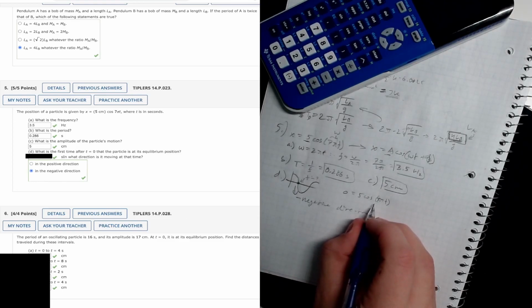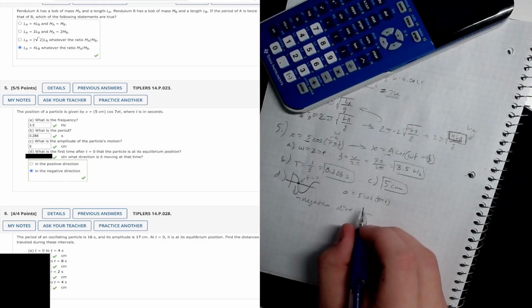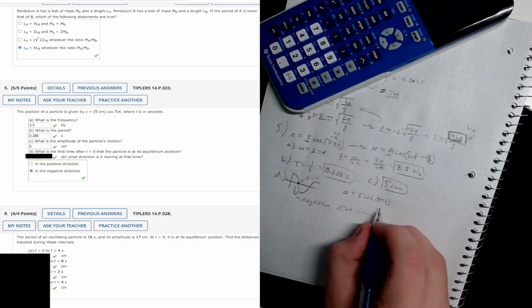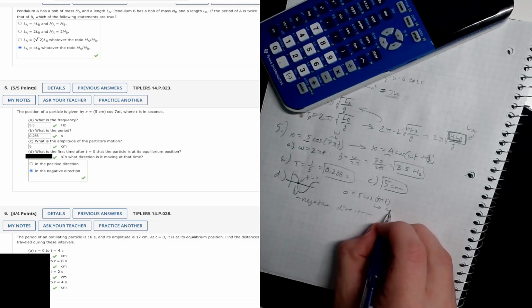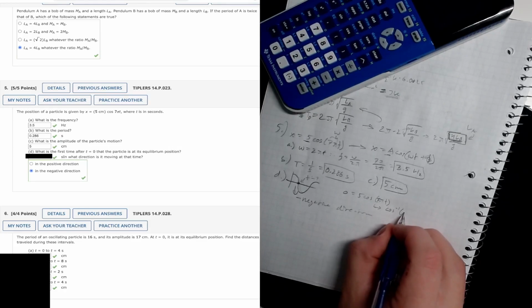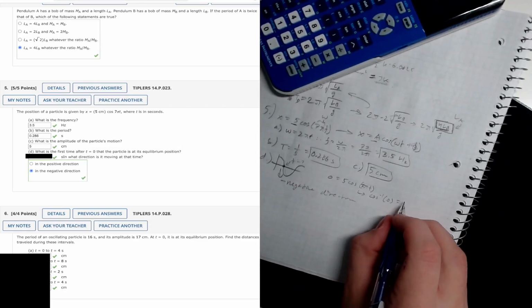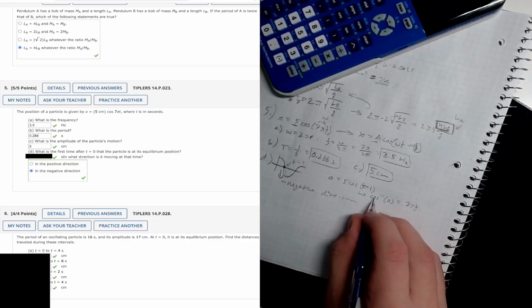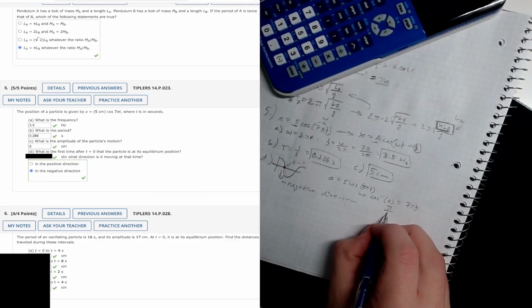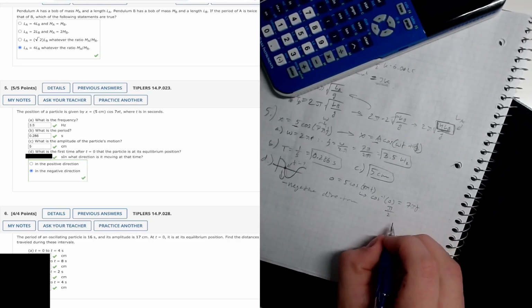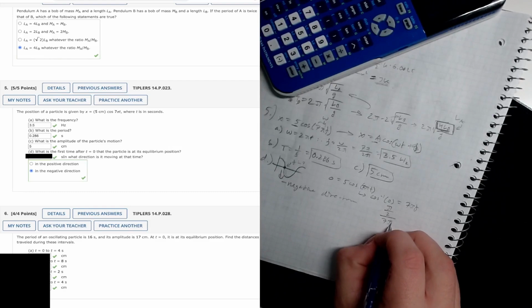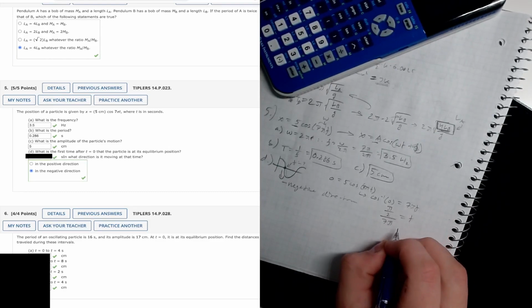It's going to be pi over 2. Sorry, my bad. So this will become arc cosine of 0 equals 7 pi t. Arc cosine of 0 is going to be pi over 2. And then divided by 7 pi equals the time.